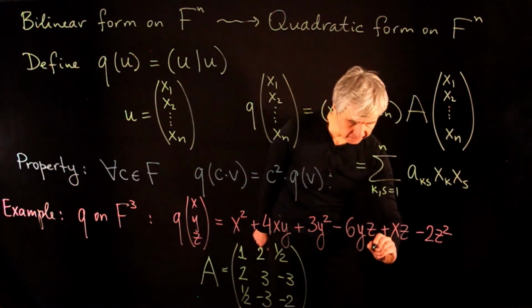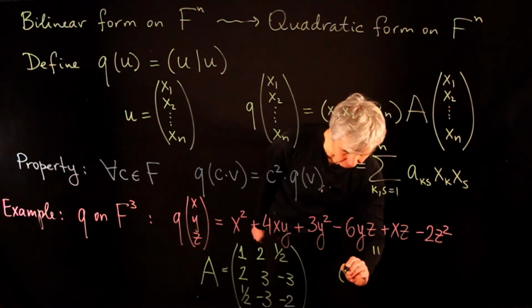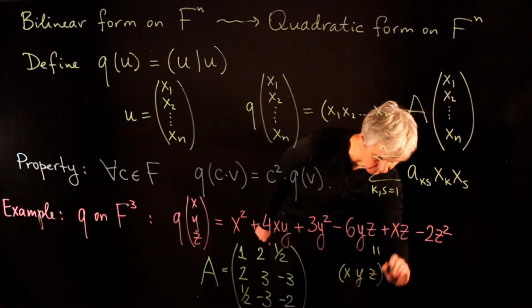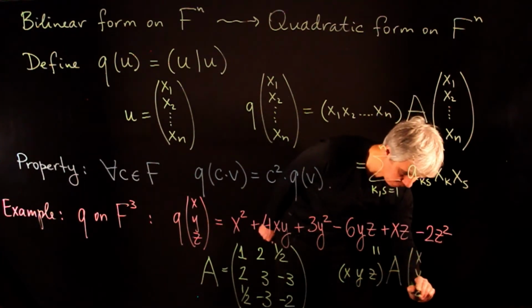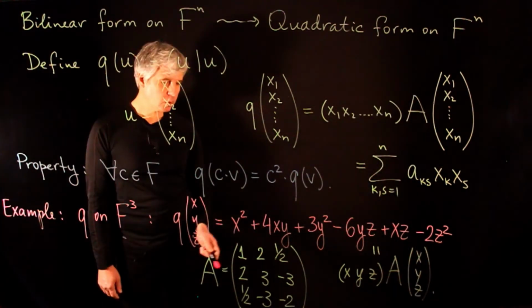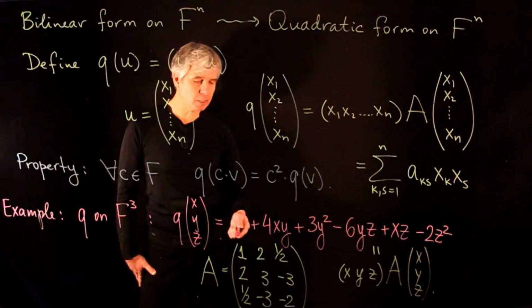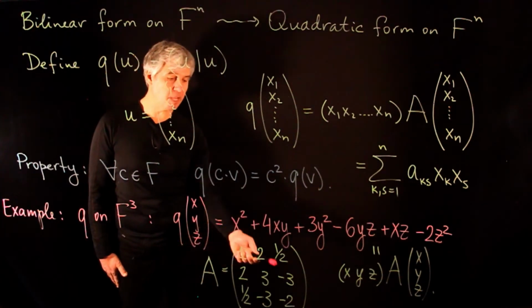And then we can easily see that this expression in terms of matrix product can be written as a row (x, y, z) times matrix A times the column (x, y, z).